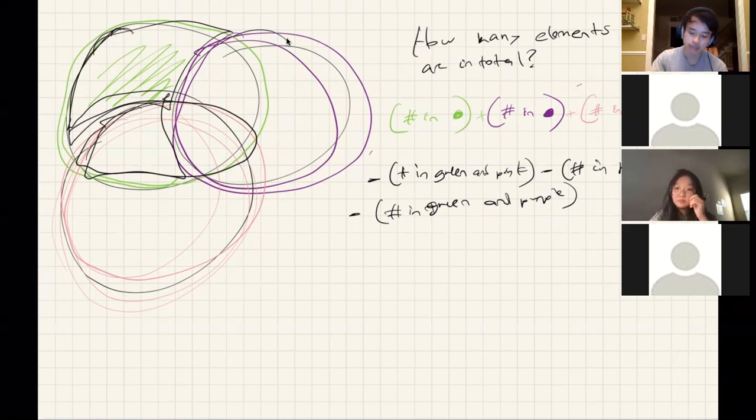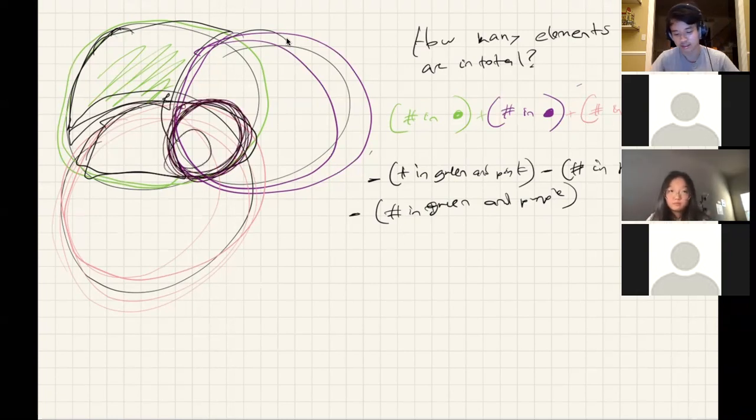But now it turns out that we've undercounted some more: the set that's in all three of the circles.